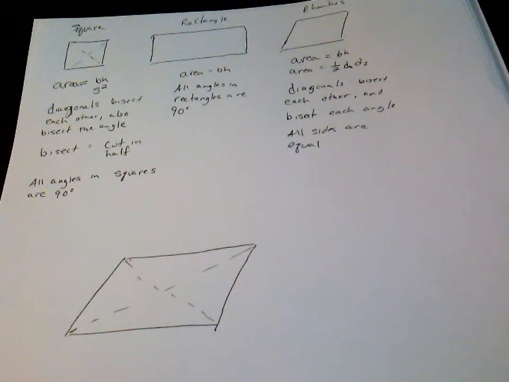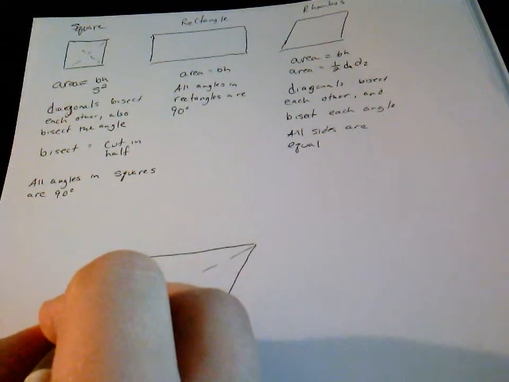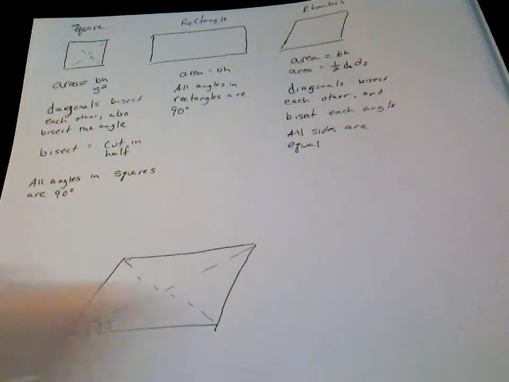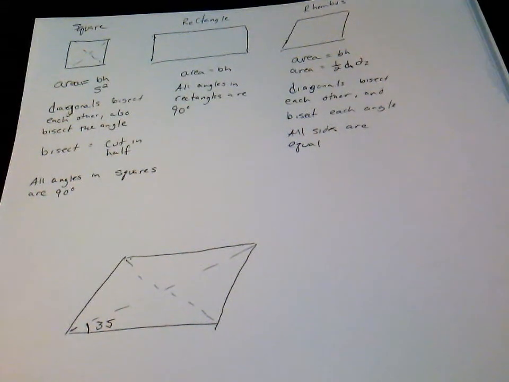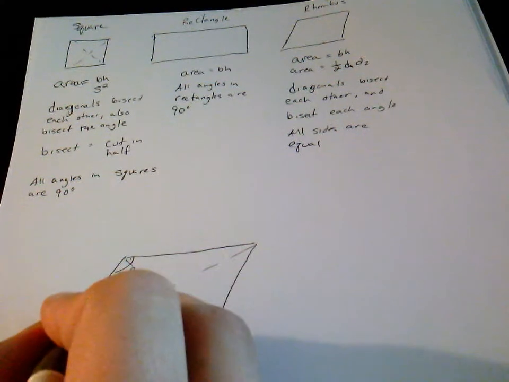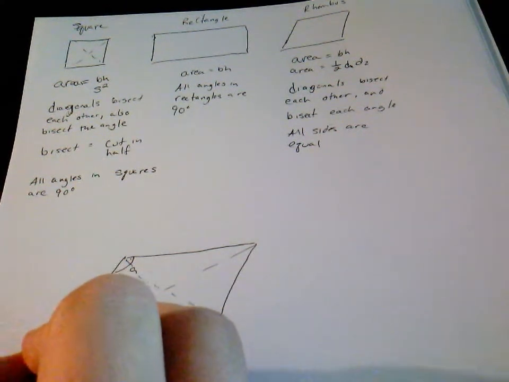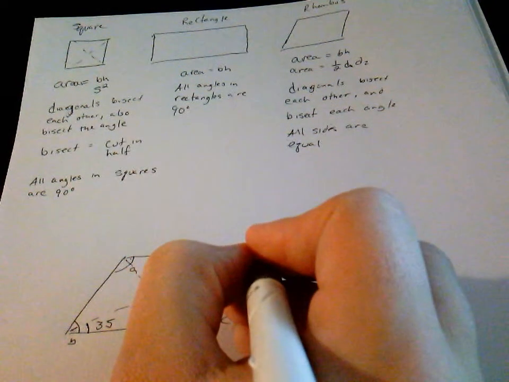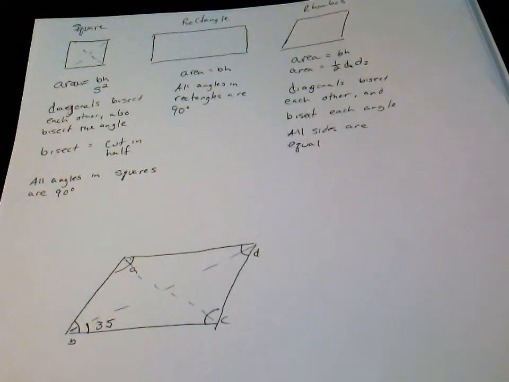So, I'm going to start giving you something like this. I'm going to give you like this angle right here is, let's say, 35 degrees. I'm going to tell you to find the length of each angle. So I'm going to tell you to find A, B, C, and D. So if I give you essentially the first one, we know that this diagonal cuts this angle in half.